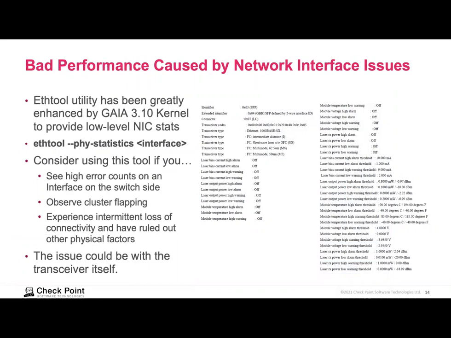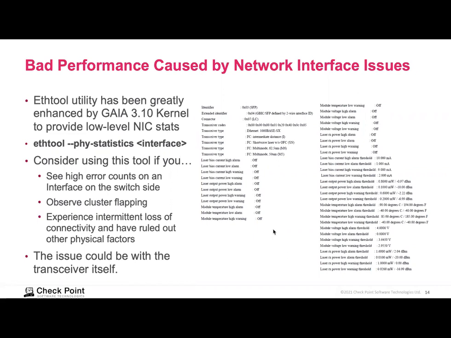The next one is bad performance caused by network interface issues. I know this slide is an absolute eye chart. My intent was not for you to discern everything on here, but to point out that in the Gaia 3.1 kernel, the ethtool utility has been greatly enhanced. It provides much better statistics on the low-level stats of the NIC, especially for optics.